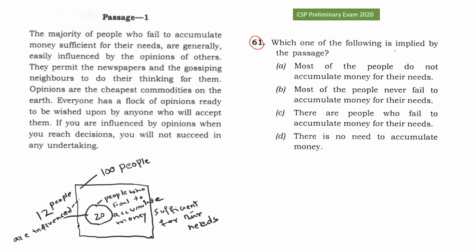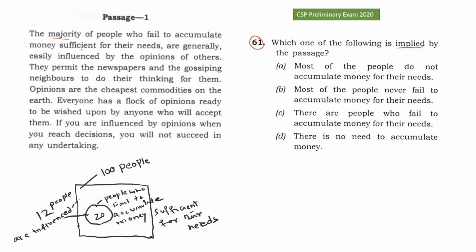So an implication is also an inference by the passage. So I again note the keywords. The majority of people who fail to accumulate money sufficient for their needs are generally easily influenced by the opinions of others. Look at the word majority.